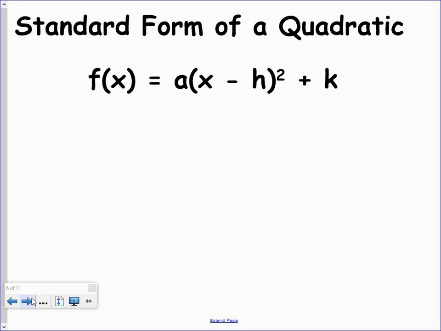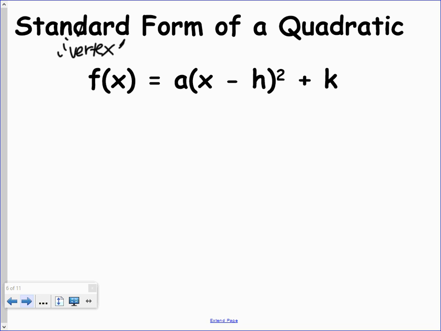Okay, so make note of that to yourselves. This is the new standard form. The old vertex form is the new standard form. Okay. The old standard form was ax squared plus bx plus c. That's what I refer to now as old standard form.